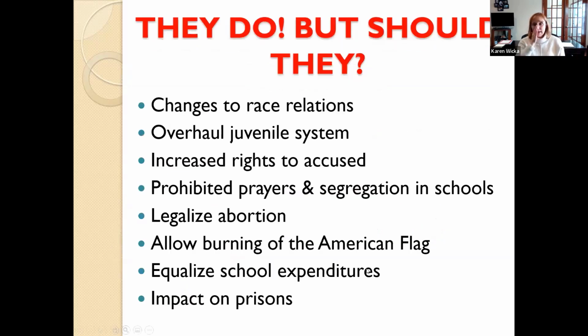And here are some examples. They could make change to race relations by making certain interpretations of the Constitution, civil rights. They can overhaul the juvenile system by requiring certain rights and procedures to be granted to juveniles. So that makes policy for the juvenile courts.